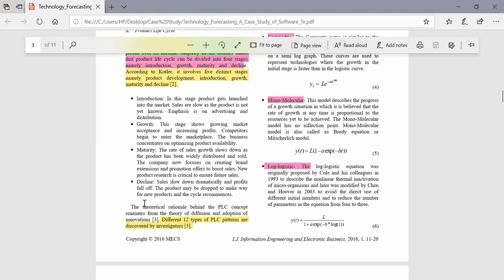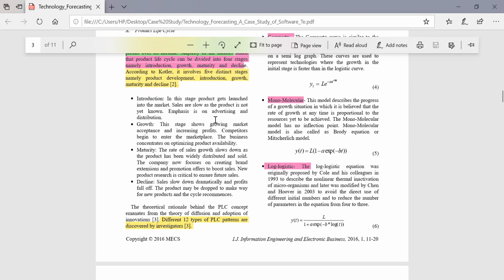Based on his theoretical model development, he was able to segregate 12 types of PLC patterns, which were discovered by this investigator. You are just aware of one pattern of the life cycle which speaks about introduction to decline, what you studied in your first module, and similarly in the last module you dealt with different life cycles of the items. So that is also on this aspect only.